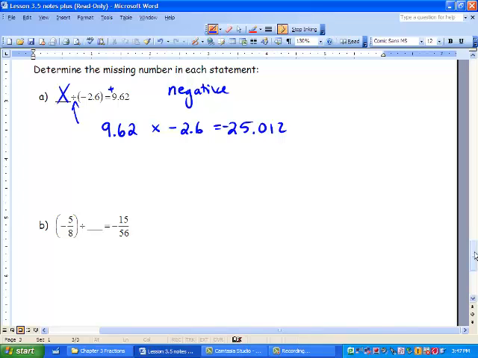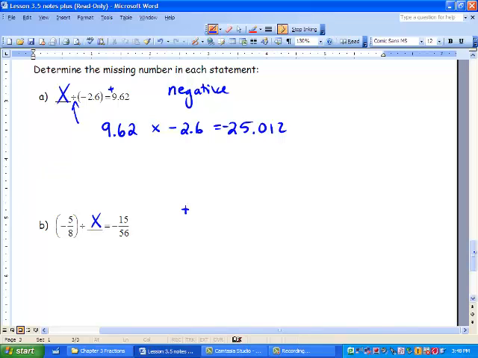And we have negative 5 eighths divided by something equals negative 15/56. We also need to find this x. So it says negative 5/8 divided by something equals negative 15/56. Well, our answer is going to be positive, because negative divided by a positive will still give us that negative.